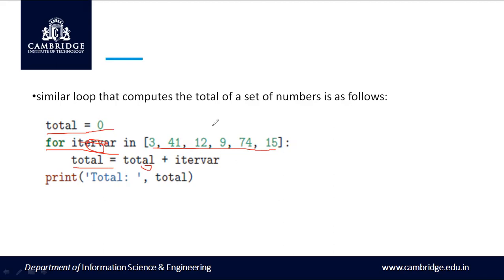When it traverses the next item, that is added to 41, and 41 plus 3, that is 44, will be stored in the total. Each time an item in the list is traversed, it is added, and finally the total is printed. So this is how counting and summing loops are done using looping statements.